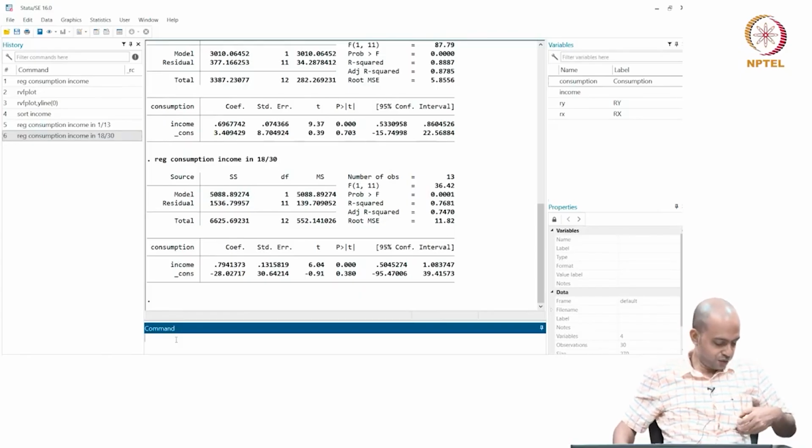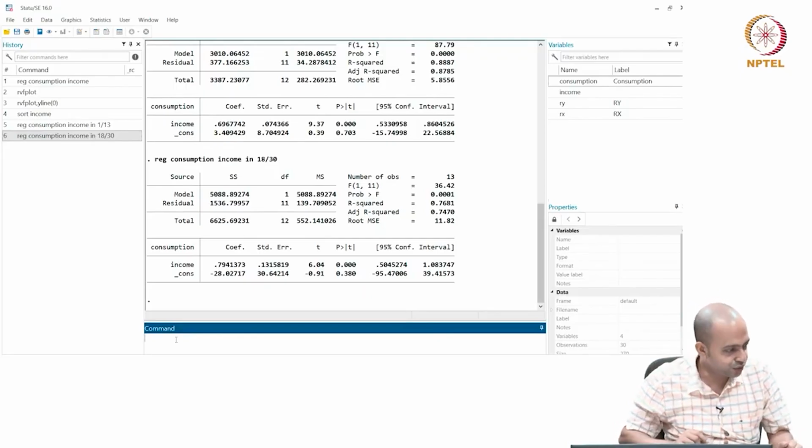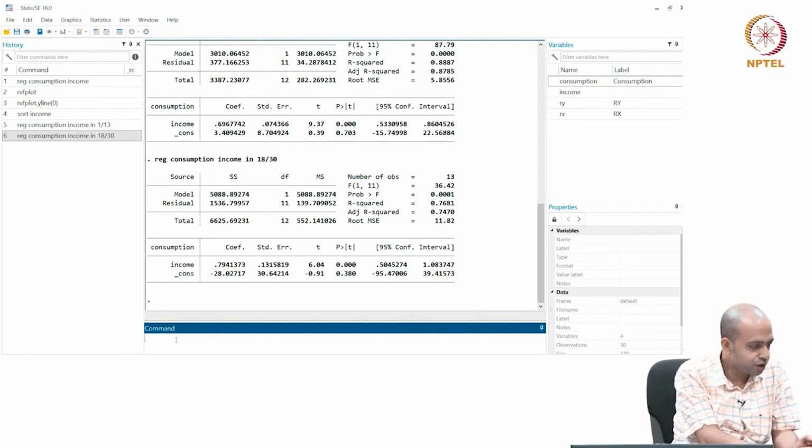Now, what you should do? You should construct your F statistic, and how will you do that? You have to remember your RSS2 and RSS1. So, RSS2 is 1536.79.